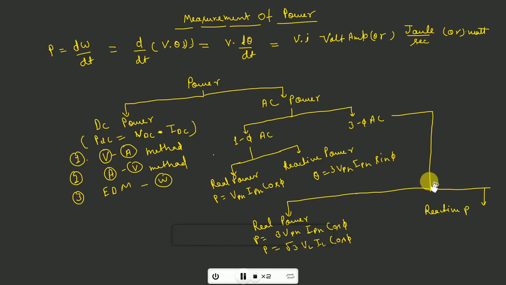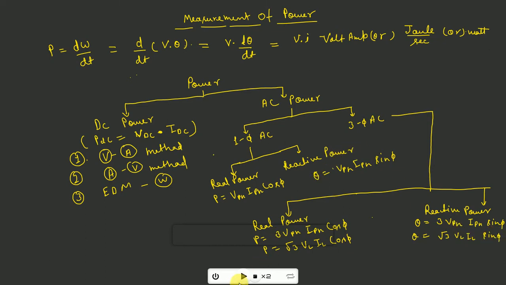And second, in 3 phase we calculate reactive power. Reactive power is written as 3 V_ph I_ph sin phi, and Q equals root 3 V_L I_L sin phi.